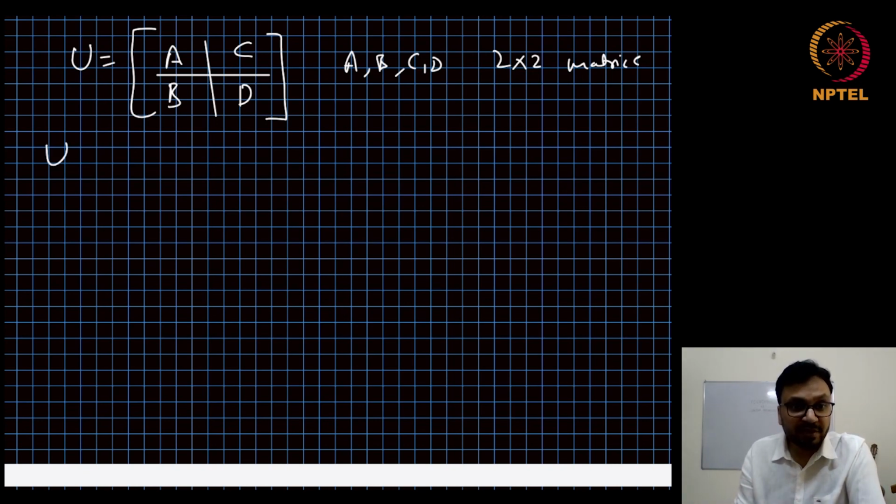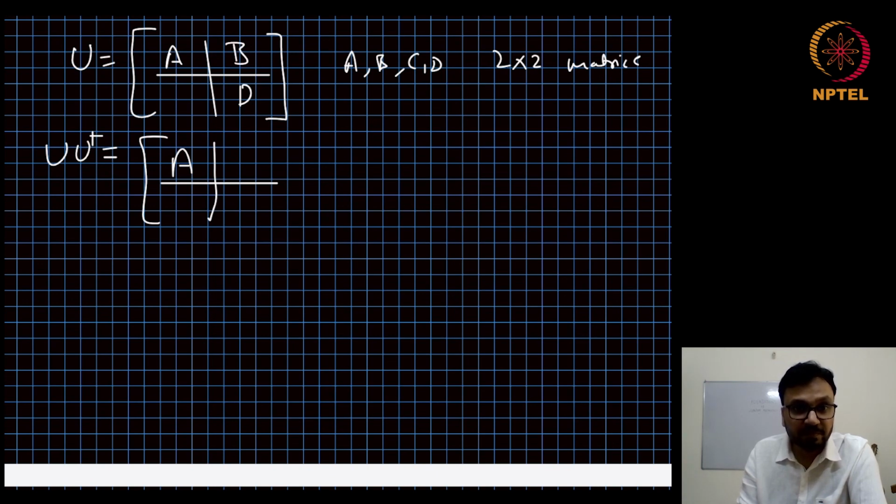So if U is a unitary, then U times U dagger, which is A, B, C, D times A dagger, B dagger, C dagger, and D dagger (sorry, my notations are slightly different, and I want to stick to them).